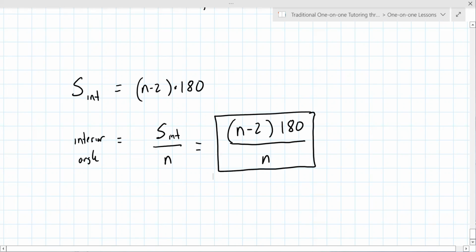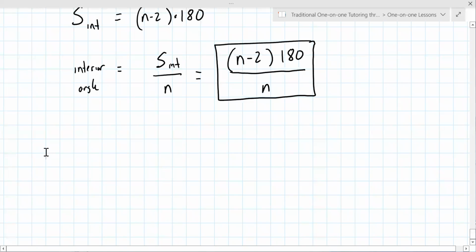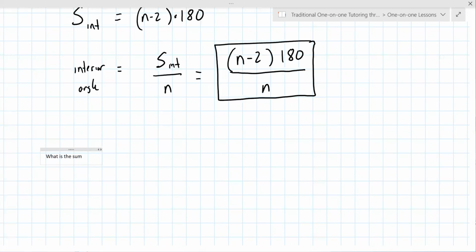Okay, so let's do one example problem. If you recall, I previously asked you, what is the sum of the interior angles of a decagon? We did that just a few minutes ago. Now, instead of the sum, I'm going to ask, what is the interior angle for a regular decagon?